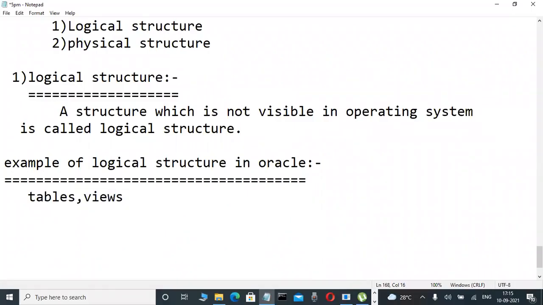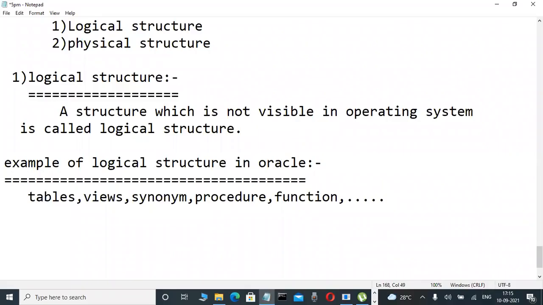Views, synonyms, procedures and functions are all database objects. These objects are not visible in the C drive, D drive, E drive, F drive.